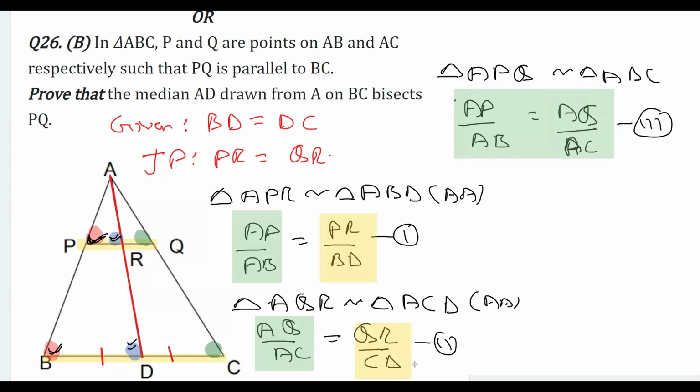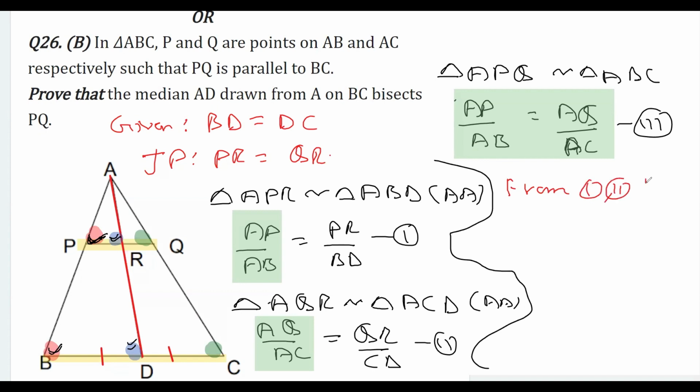That means from equations 1, 2, and 3, I can say that these two are equal, that is PR over BD should be equal to QR over CD.